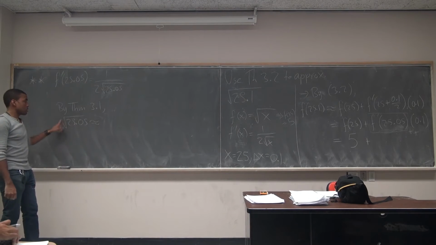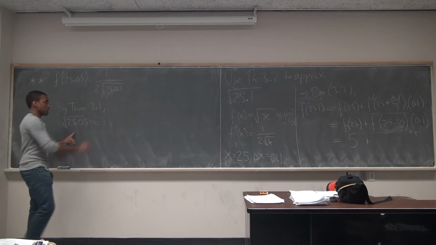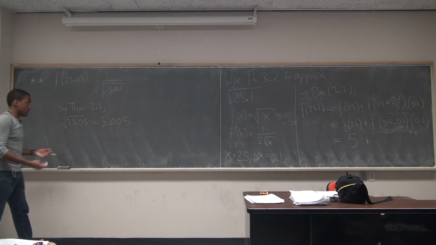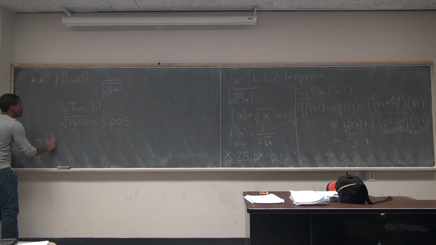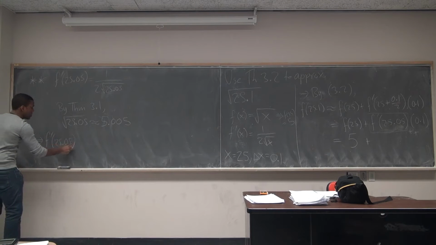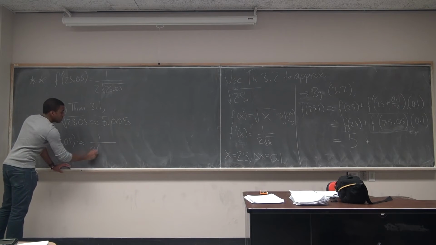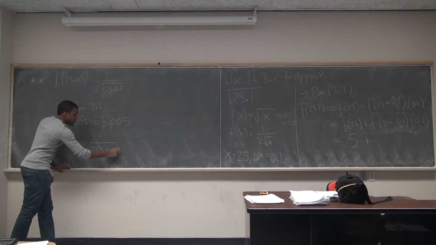Yeah, this one. Using theorem 3.1, we approximated that as 5.005. Okay. So this means my f prime of 25.05 is approximately 1 over 2 times 5.005.